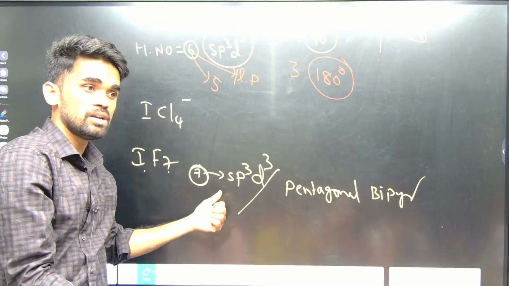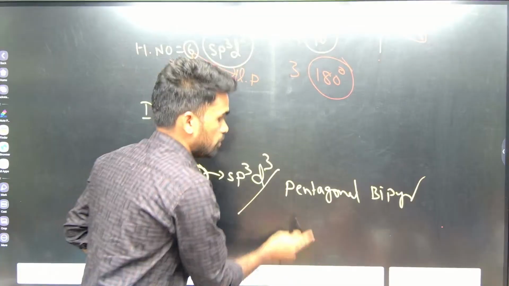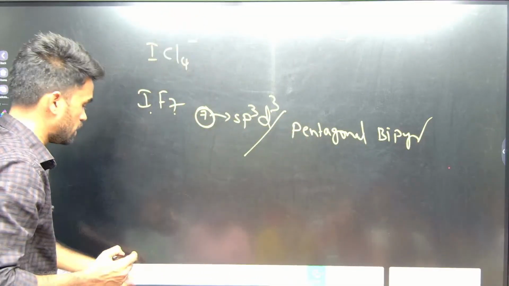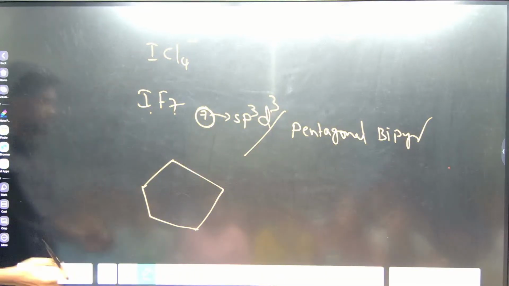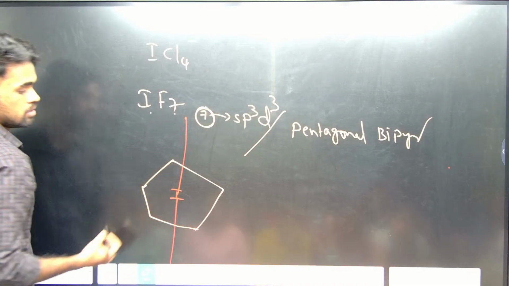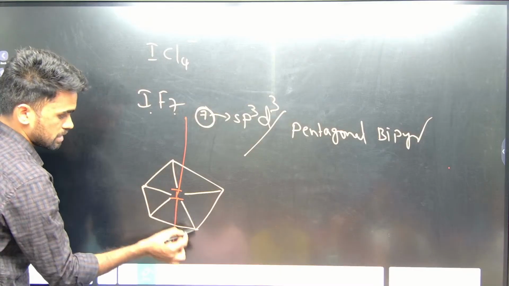Now here it is 7, so you take a pentagon in the plane, put one above, one below. So it will be something like this. In between, middle. So here one fluorine, here one fluorine, next, like this.